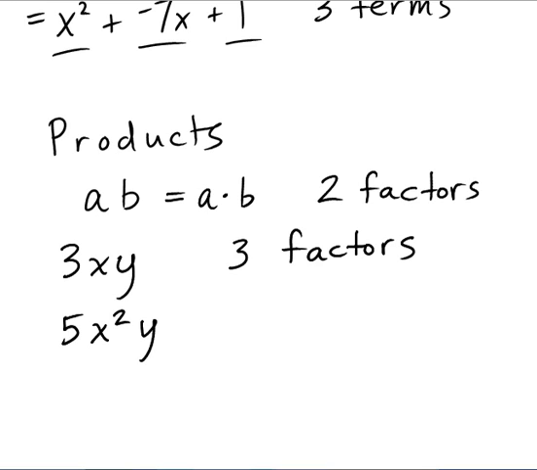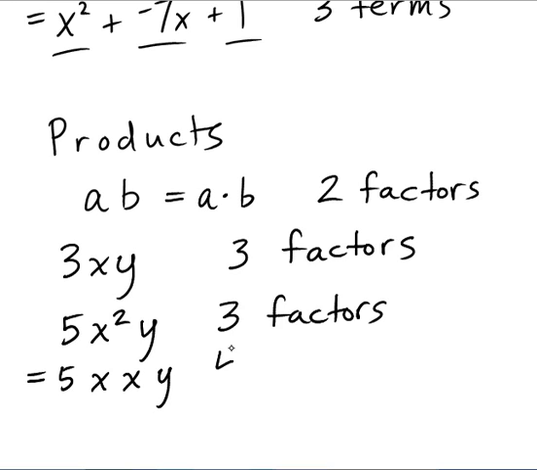Okay, this is a product as well, and you can think of it either as having three factors, the 5, the x squared, and the y, or if you expand out the exponent, x squared is the same as x times x. Then you can see it as having four factors. Okay, either way it's a product. So these are all products.